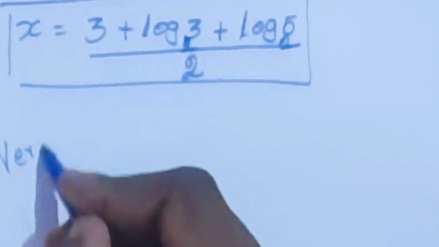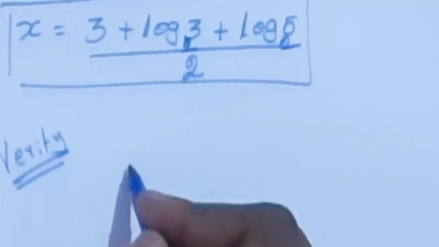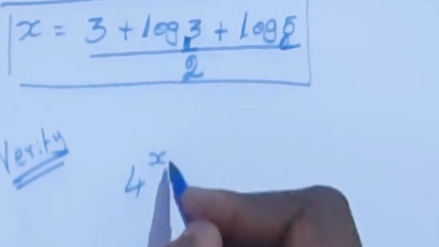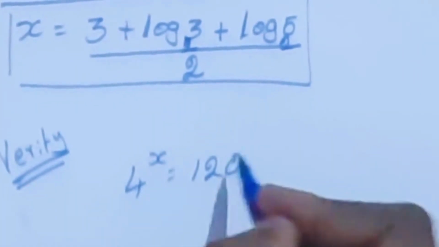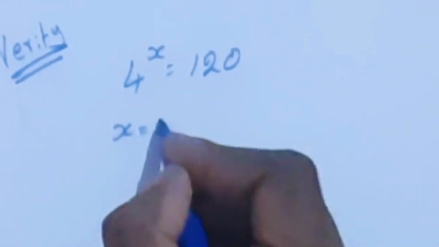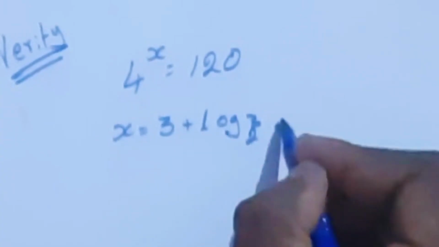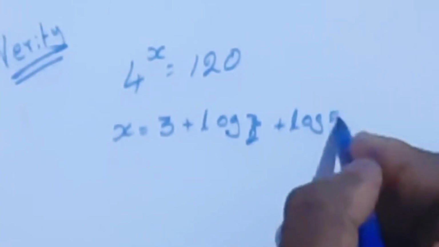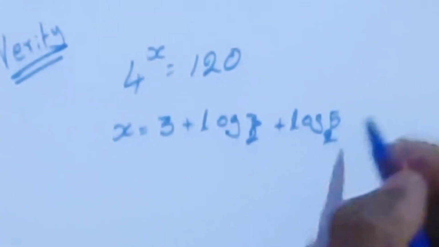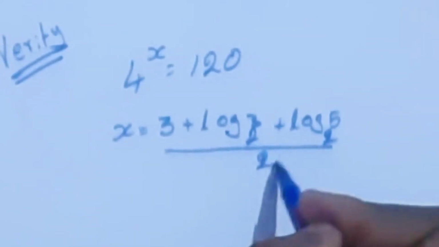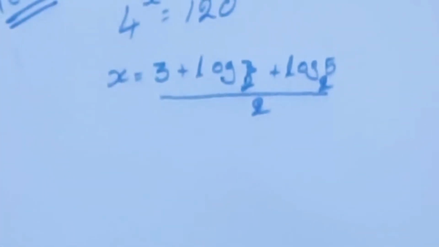Now we are going to verify this x value with the 4 power x equal to 120. Here x value is x equal to 3 plus log 3 base 2 plus log 5 base 2 whole divided by 2. This we are going to apply here.